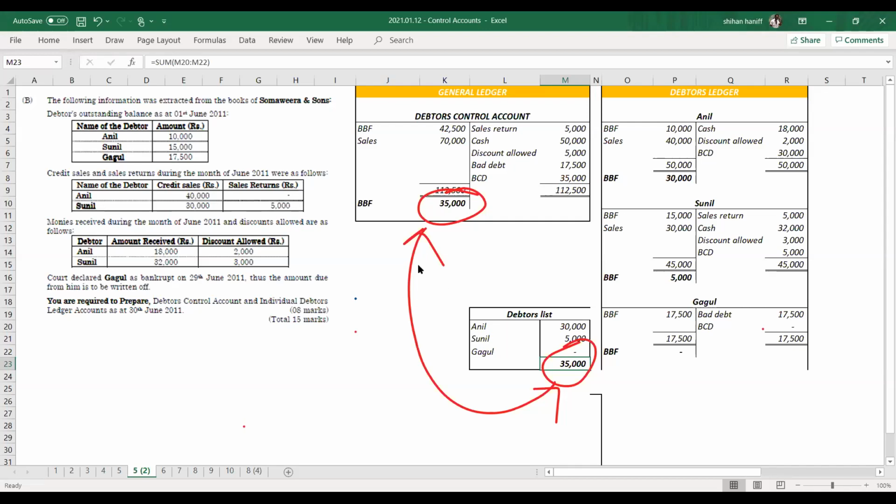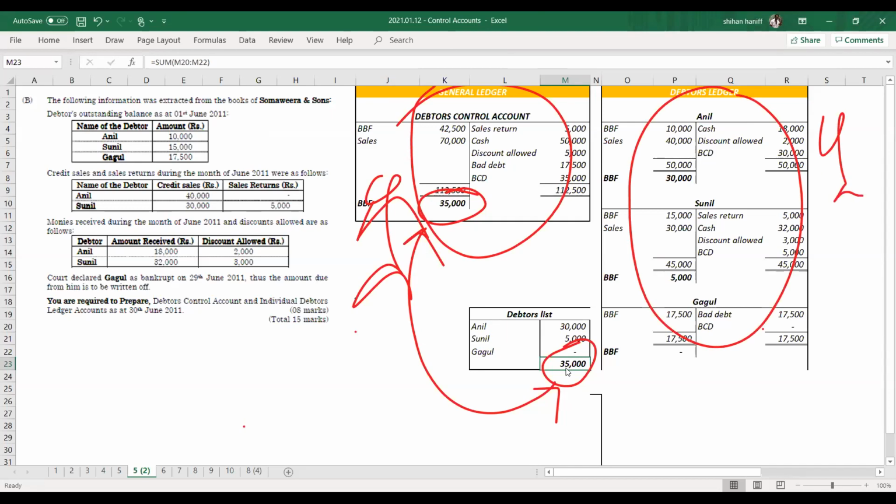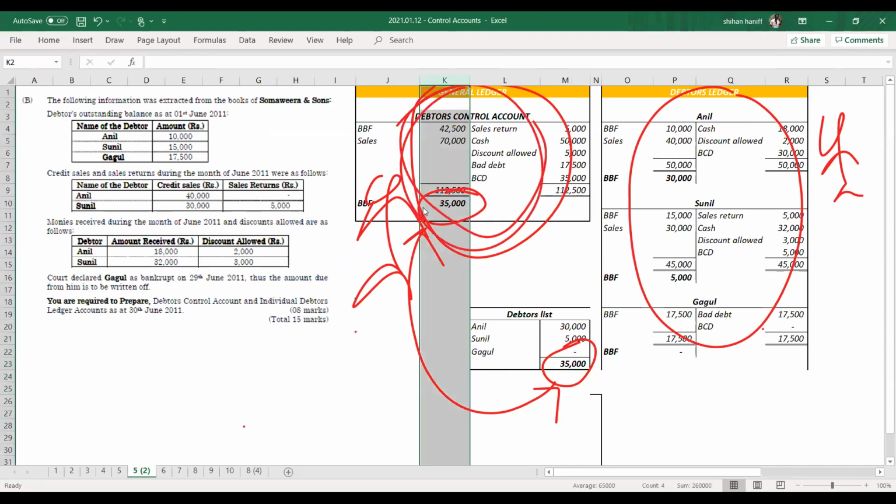Now you can see the control account balance should always be equal to the debtors ledger balance. We assume that the general ledger is prepared by the accountant, from us. The debtors ledger is done by someone else. You need to make that assumption initially. Like when we do the bank reconciliation, this is the cash book we did, and we assume the other is done by the bank.